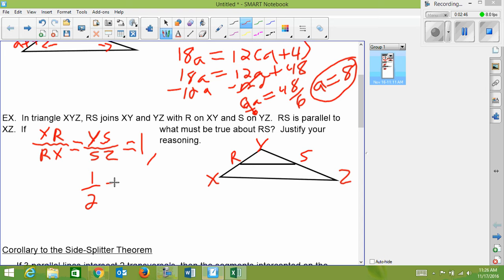So RS, R to S, is going to be half of X to Z. Because RS right here is parallel to this one, and it crosses both pieces, we know that it has to be proportional. Okay? And we could use the midpoint theorem to prove that. So the midpoint theorem is my reasoning for that.